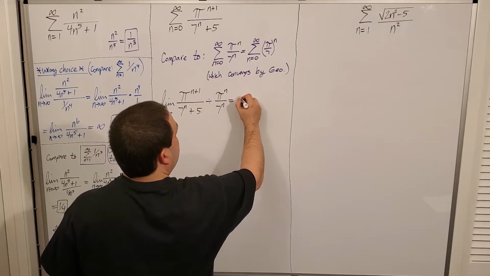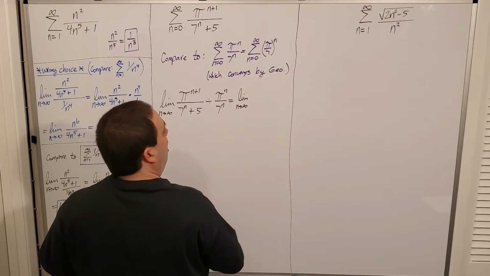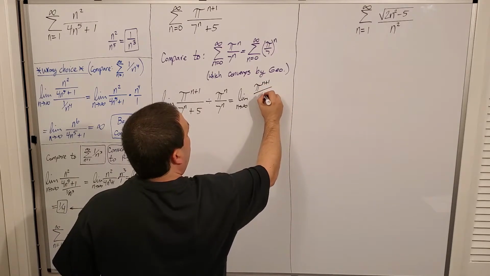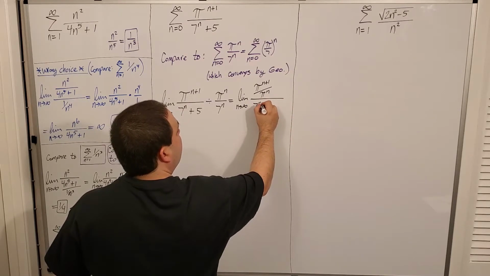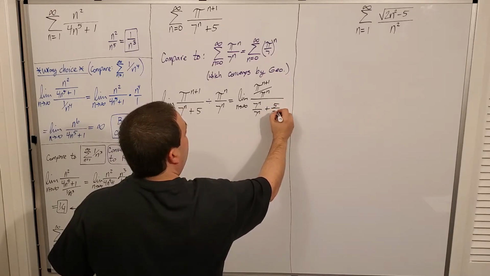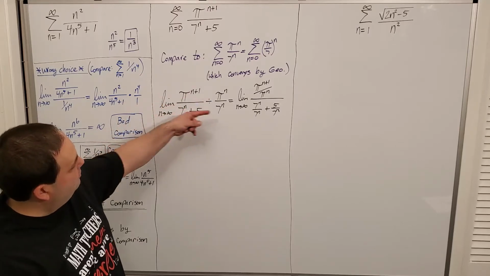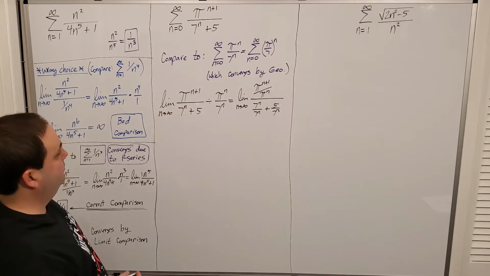That's going to give me this. Limit as n goes to infinity of pi to the n plus 1 divided by pi to the n over 7 to the n divided by 7 to the n plus 5 divided by 7 to the n. So all I'm doing is I'm just dividing and then a little bit of distributive property there.